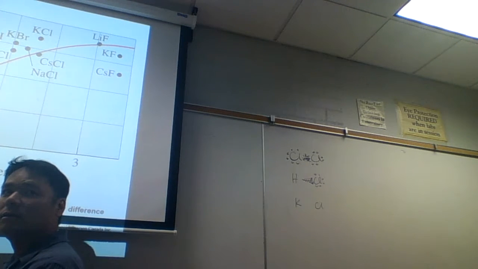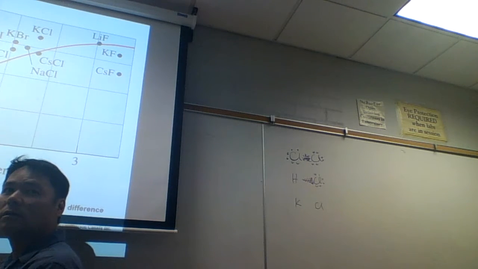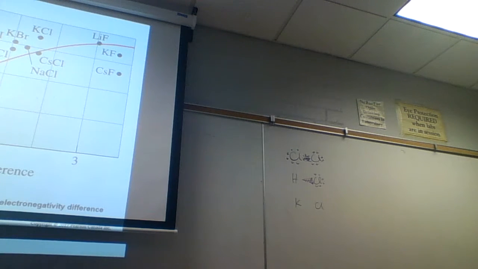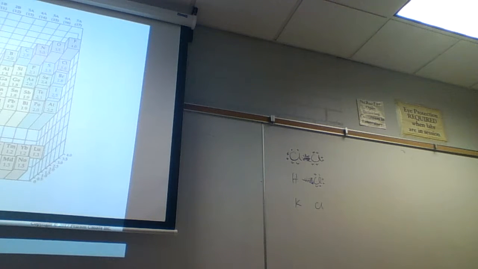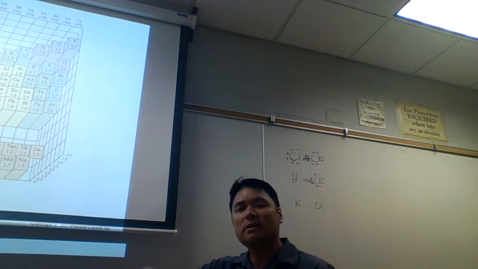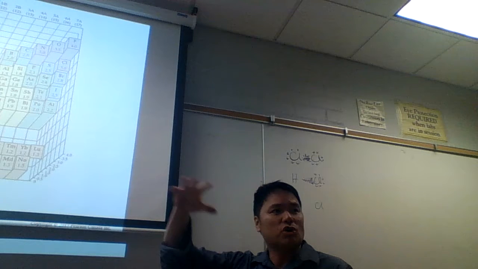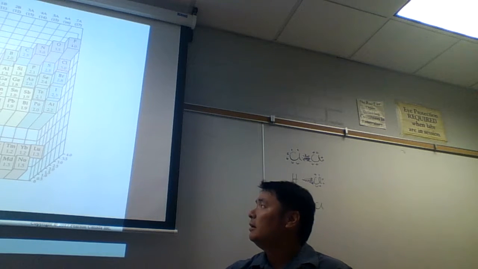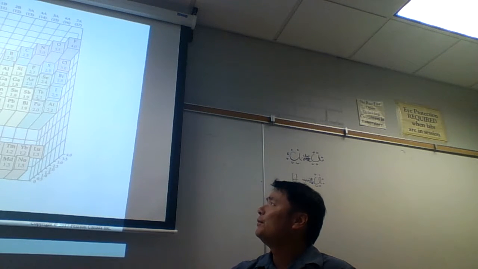Now, where are those numbers derived from? The electronegativity numbers? Where is the electronegativity derived? These numbers here? These ones are derived from Z effective. You know, Z effective is the outermost charge, the electron field.